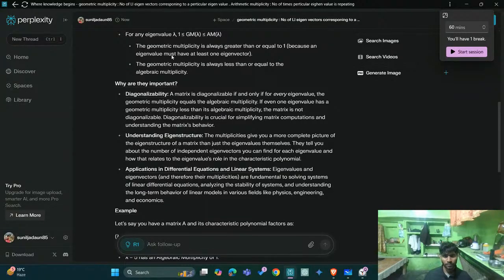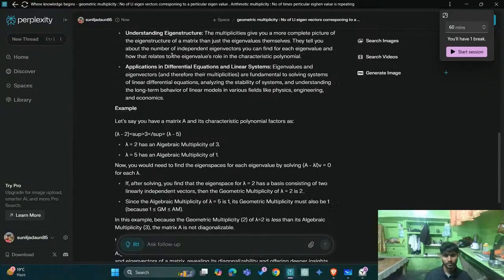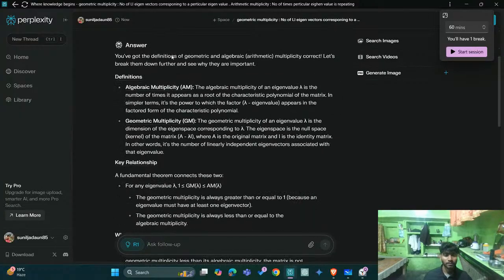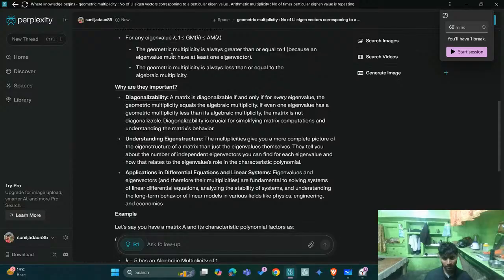They tell you about the number of independent eigenvectors you can find for each eigenvalue and how that relates to the eigenvalue.